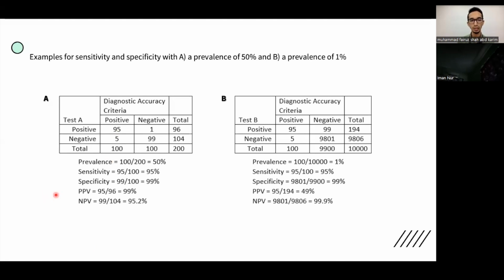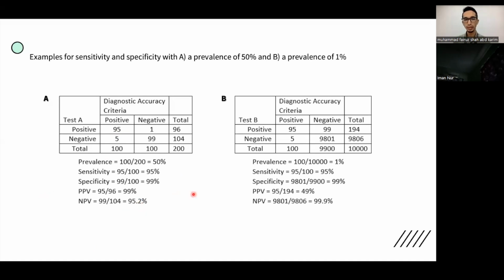So this is called the negative predictive value, and the result is about 95%. That means if you tested negative, you can rest assured that you most likely don't have the disease in real life, because the negative predictive value is quite high, above 90%.